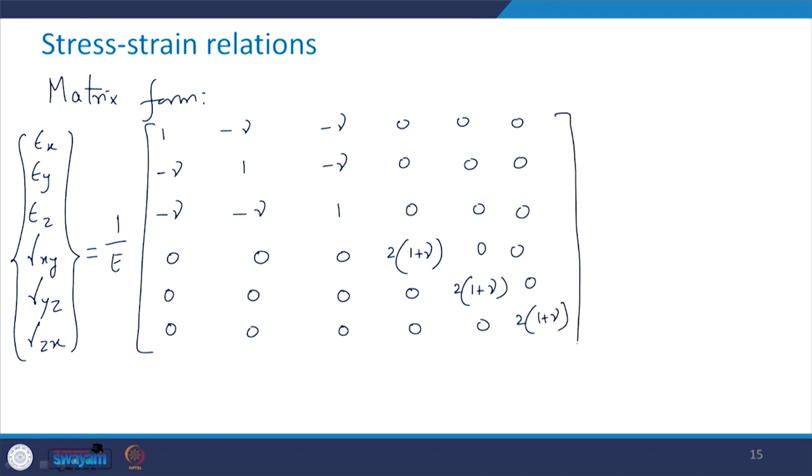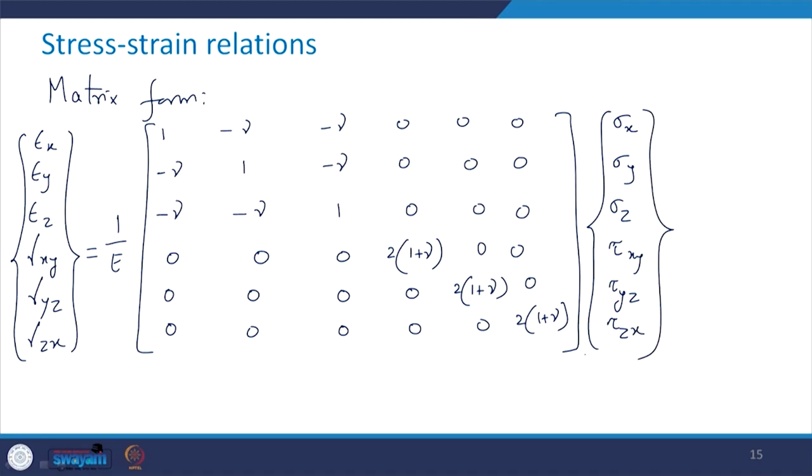So, this is your matrix, and then you have the stress vector, which is sigma x, sigma y, sigma z, then tau xy, tau yz and tau zx.